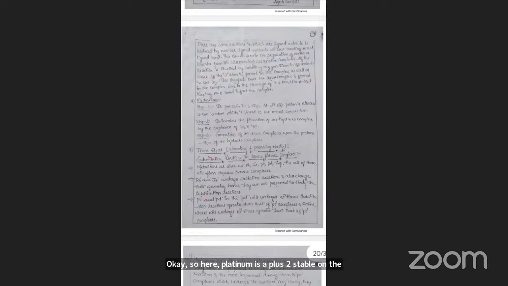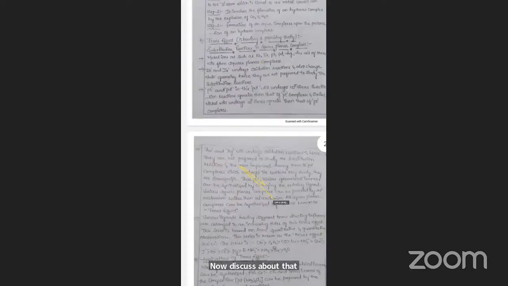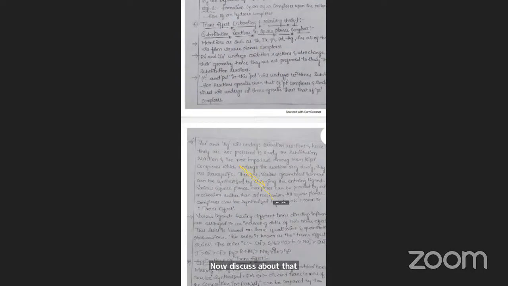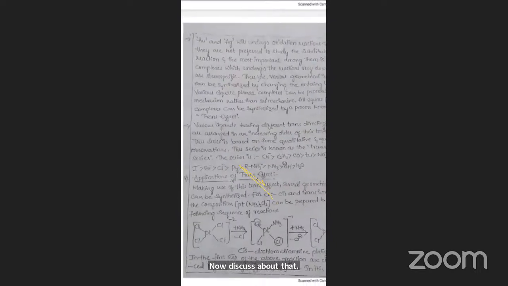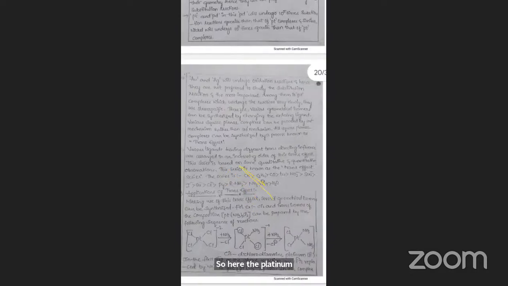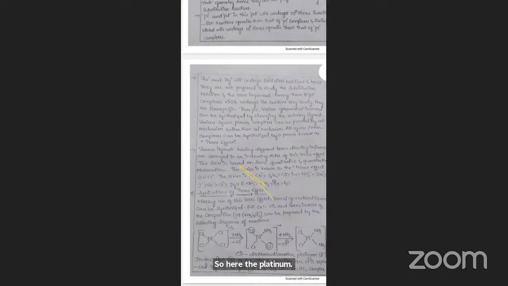Now, platinum undergoes substitution reaction very slowly, which means we can observe each and every step in the intermediate.